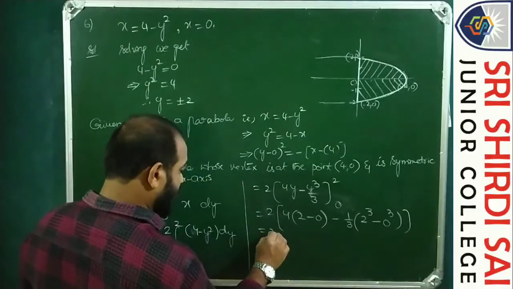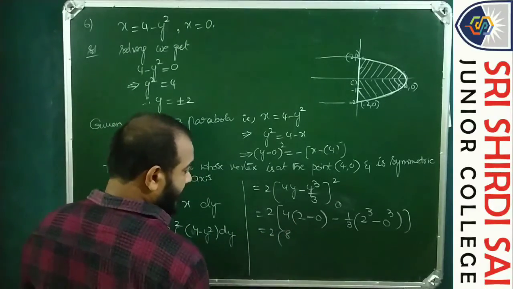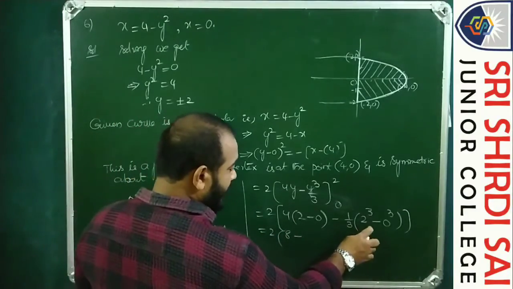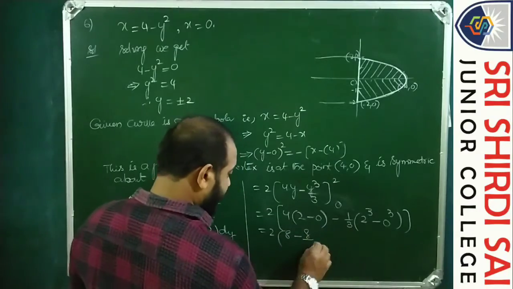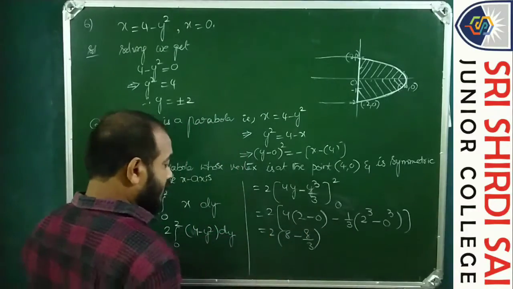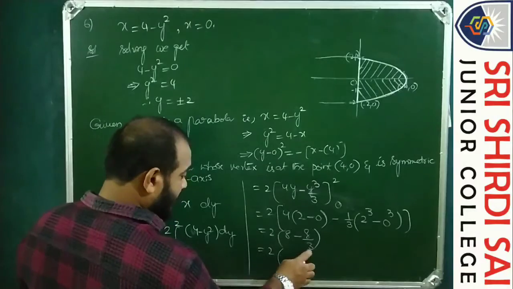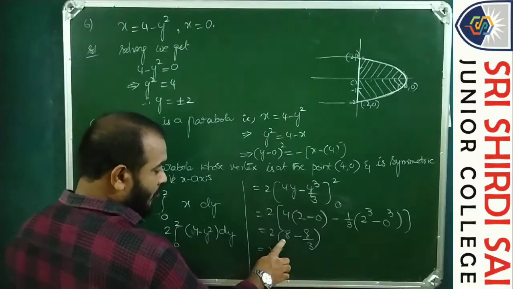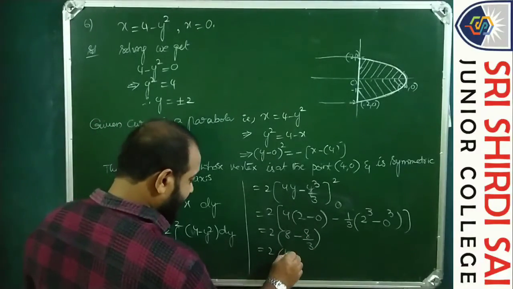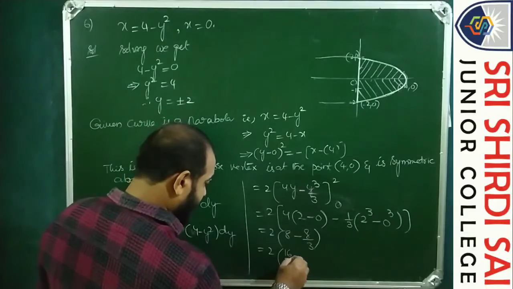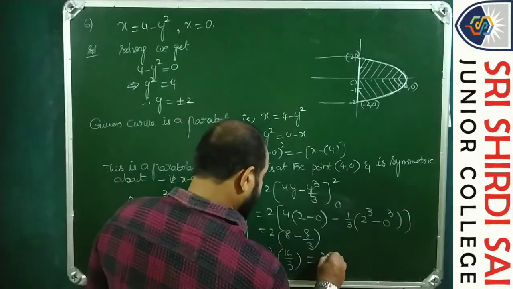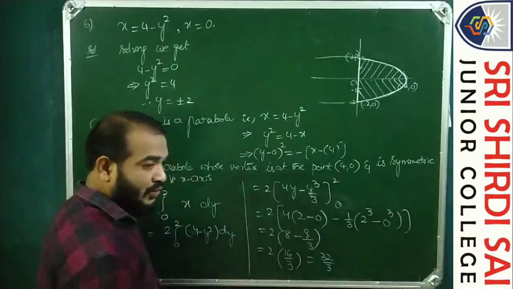This equals 2 times 4 twos are 8 minus 2 cube is 8 by 3. This equals 2 into 3 eights are 24, 24 minus 8 is 16, 16 by 3. This equals 2 sixteens, 32 by 3 square units.